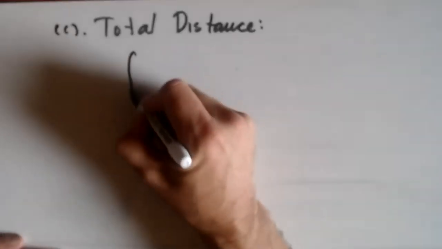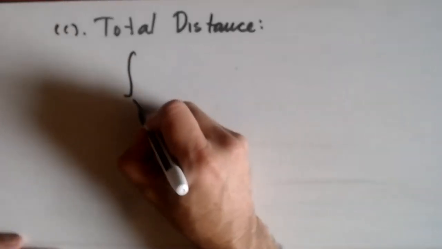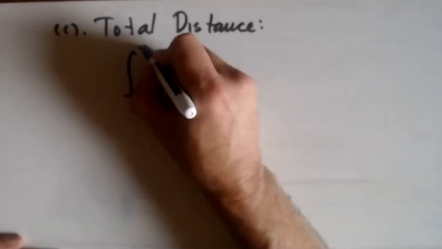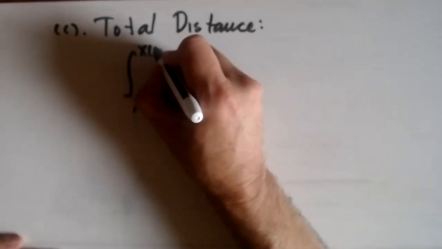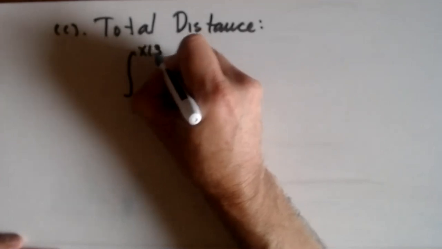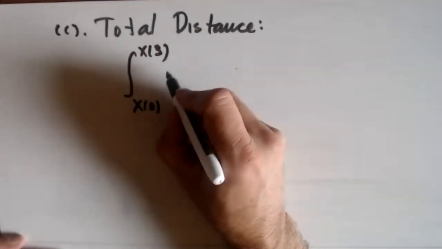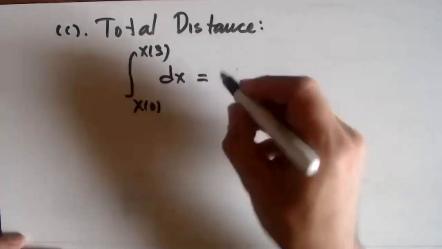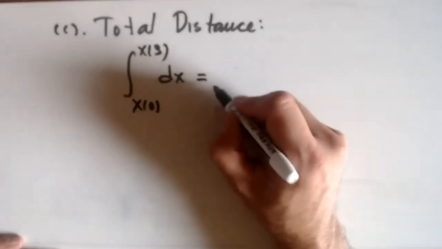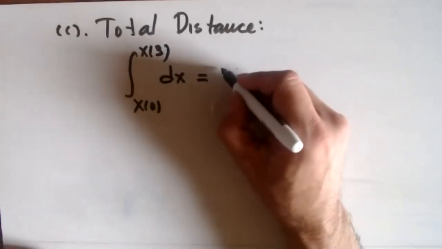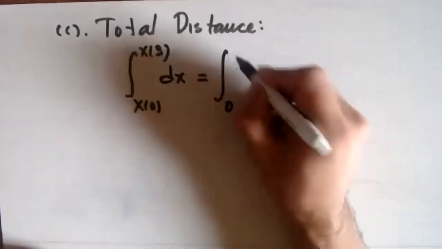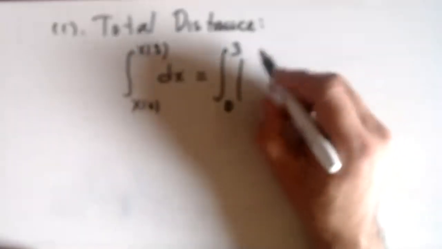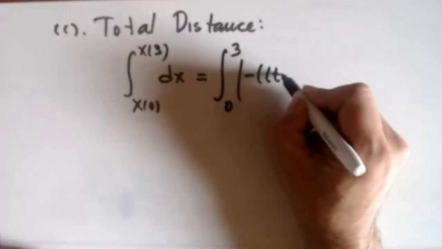So it is the integral from x0 to x in 3, right, of dx equals the integral from 0 to 3, absolute value of negative t.